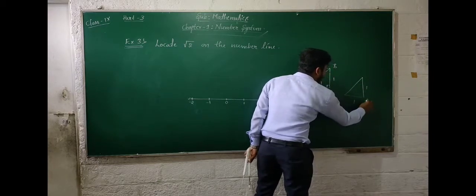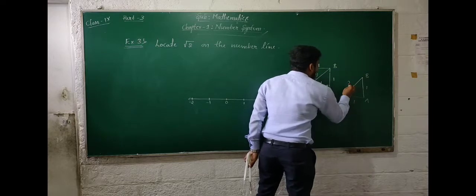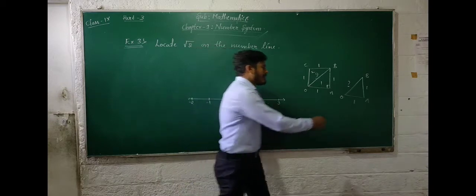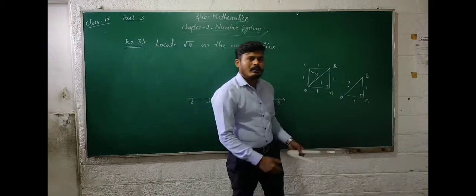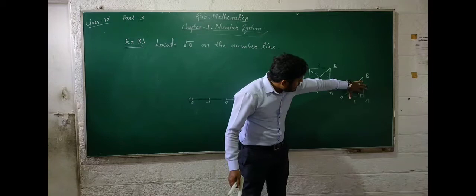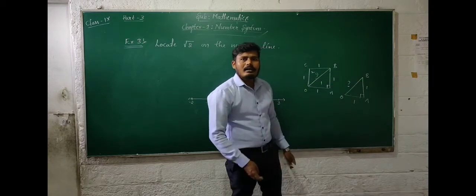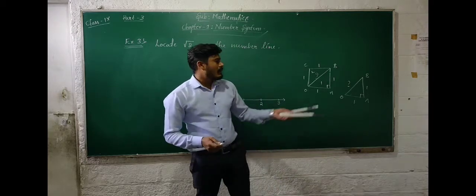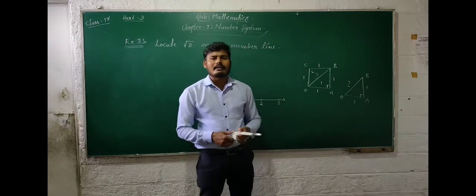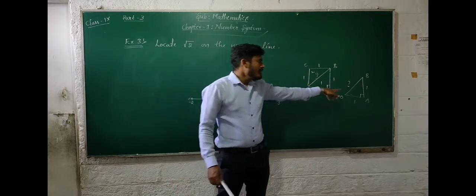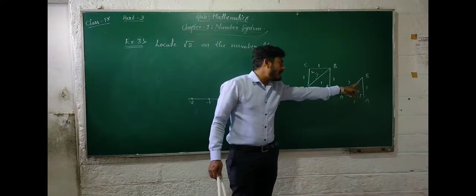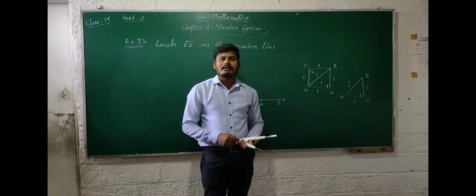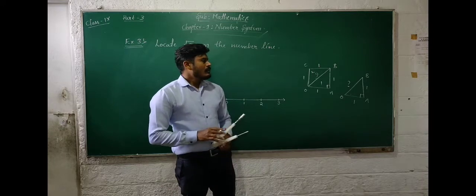We get one unit here, A, B and O. So then what is the length of that? In a right angle triangle, the side opposite to the right angle is always called the hypotenuse. You already know about the hypotenuse in a right angle triangle from 8th standard. So OB is the hypotenuse and BA and OA are the remaining sides of the right angle triangle.